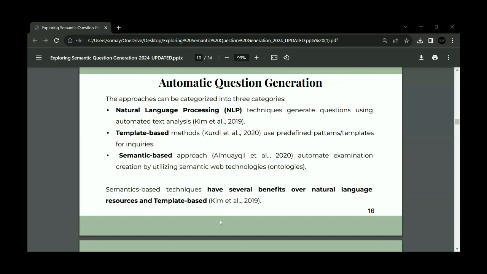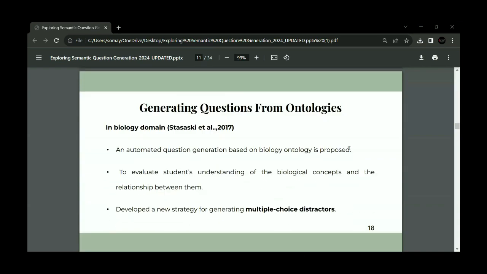And finally, the semantic-based approach automates the examination creation by utilizing semantic web technologies. We found out that semantic-based techniques have several benefits over the other two categories.